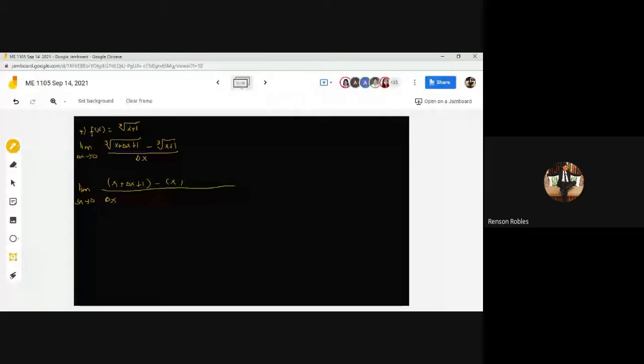Because when this is simplified, x plus delta x plus 1 minus x minus 1, so we can cancel this out. This will become 0. And then this can be canceled out. The problem is, what will be our multiplier?